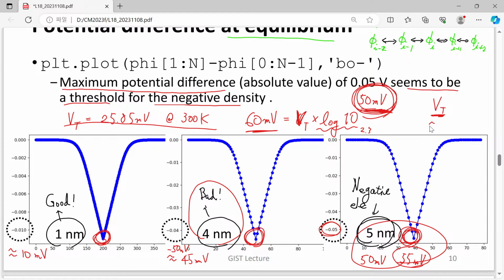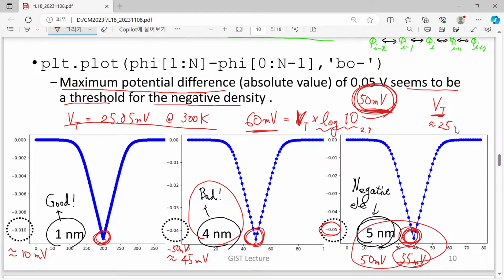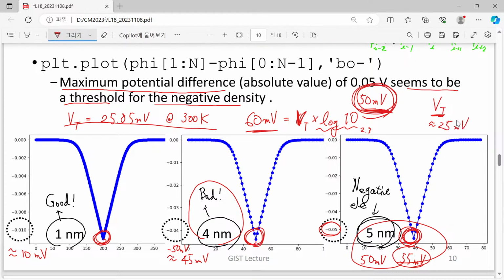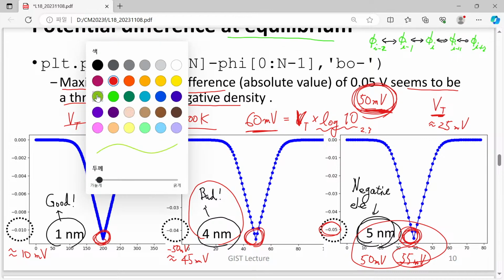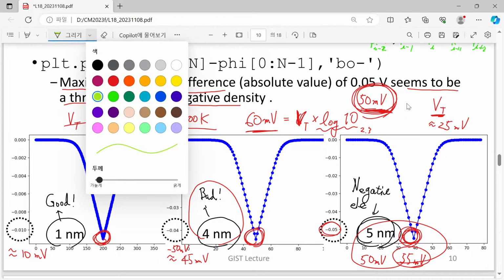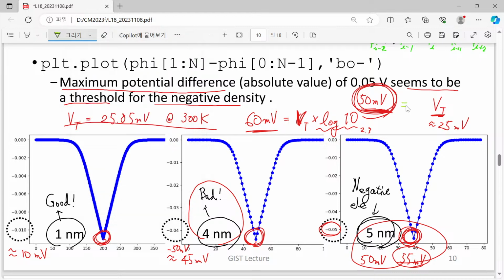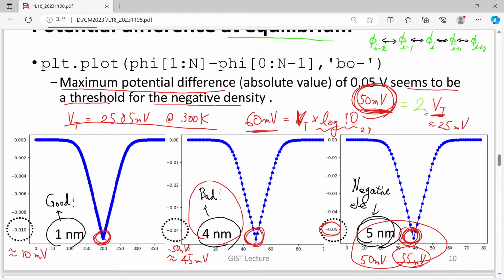This is about 25 millivolt. Then simply you may say, although I don't have any reason for that, maybe this 50 millivolt seems to be just twice the thermal voltage. But why?